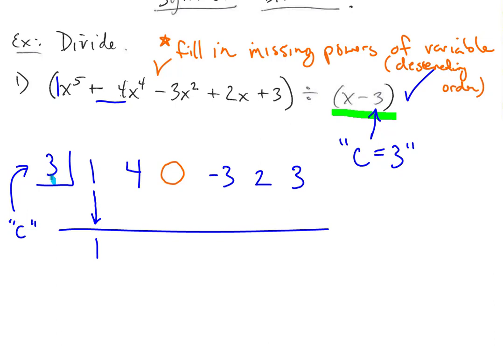We're going to multiply that value times the number we wrote beneath here, this 1 we dropped down, and we're going to bounce the result back up diagonally into the spot in the next space beneath now the 4. So 3 times 1 is 3. We put the 3 now beneath the 4. Then we're going to add down vertically in that column. So 4 plus 3 is 7.